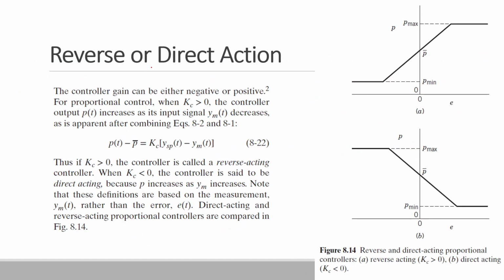So now we will study in brief about reverse or direct action. That is, the controller gain value of Kc can be either positive or negative. For a proportional controller, when Kc is greater than 0, the controller output increases as the Y measurement decreases.